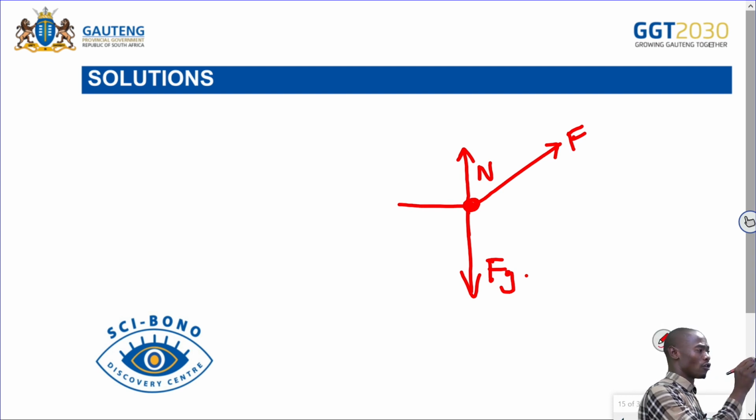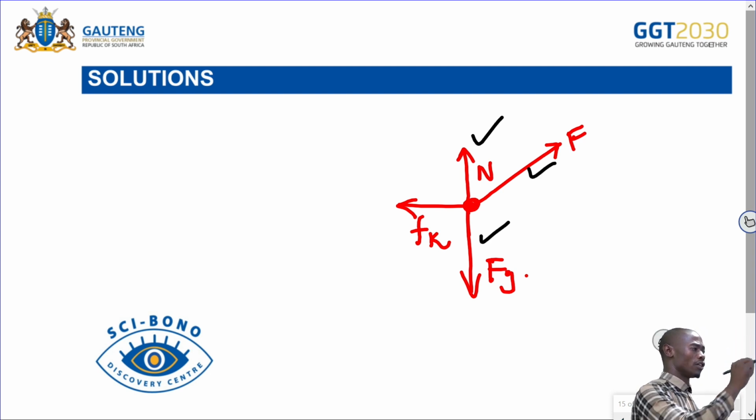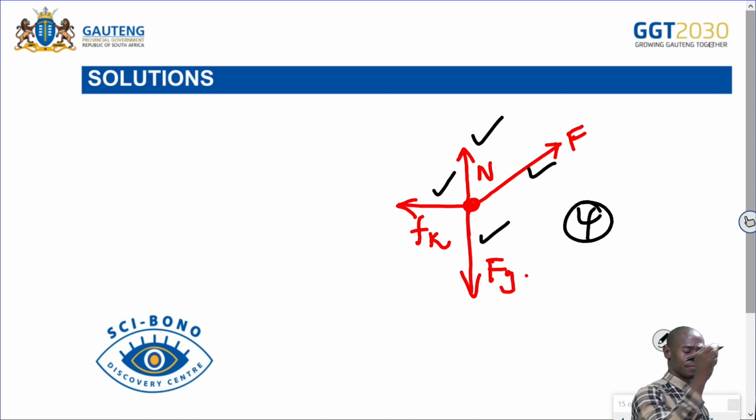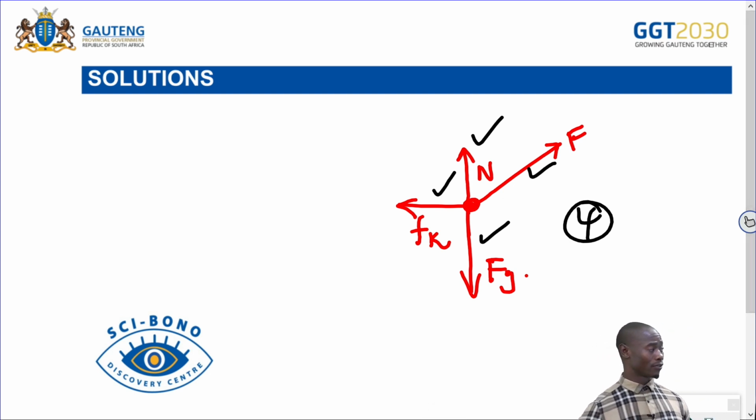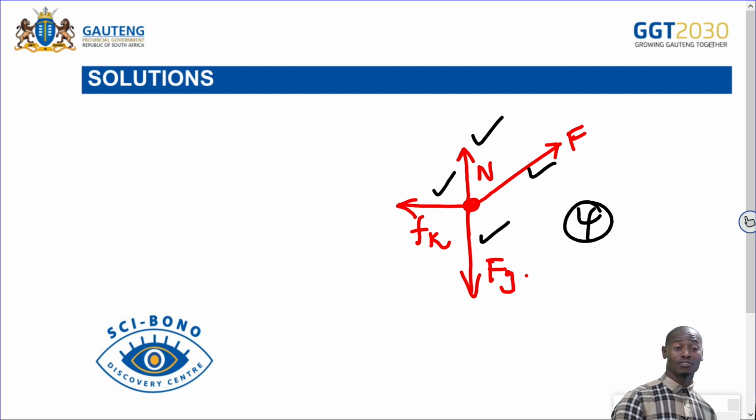The frictional force will oppose the motion. So how many forces am I having here? There are 4. It's 1, 2, 3, 4. So 4 forces. Okay? This is my free body diagram. And again, be careful, learners, of the length of the arrows or the length of the forces. The magnitudes are not equal in this case, right?